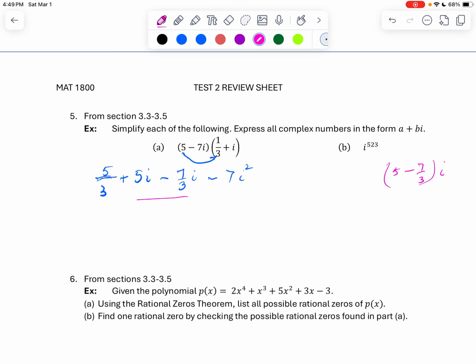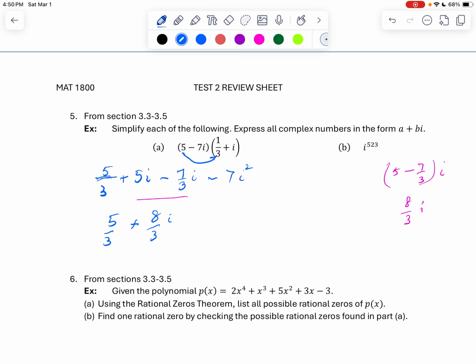So what do we get? So this gives us 15 minus 7, so 8/3 I. So in place of 5I minus 7/3 I, we get 8/3 I. And the 5/3 stays as it is. So we were getting a positive 8/3 I.